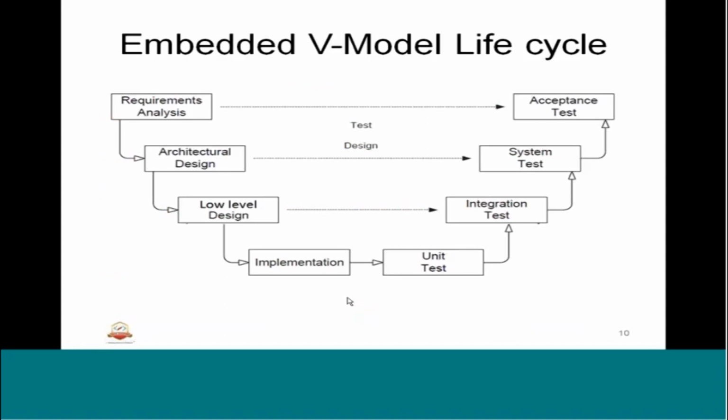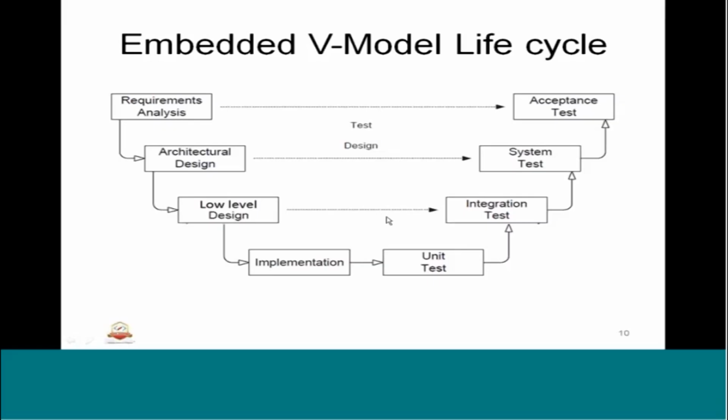So we have requirements, architecture or high level design, low level design, and implementation. These are on the one side. On the other side, on par with the requirements, we have an acceptance test. On par with the architecture or high level design, we have system test. We have an integration test. We have an implementation and unit test.